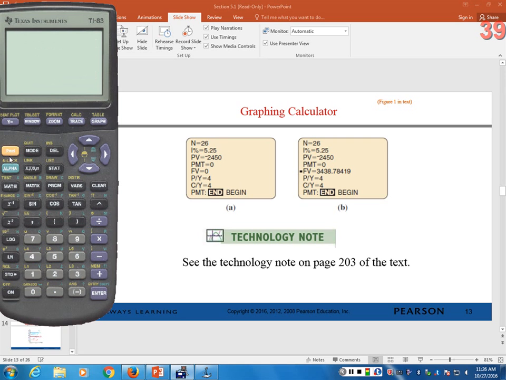Your finance formulas, if you look at your little x to the -1 key that we use to find the inverse of matrices, if you look right above it, it says finance. And the one that we're going to use is going to be the TVM solver.